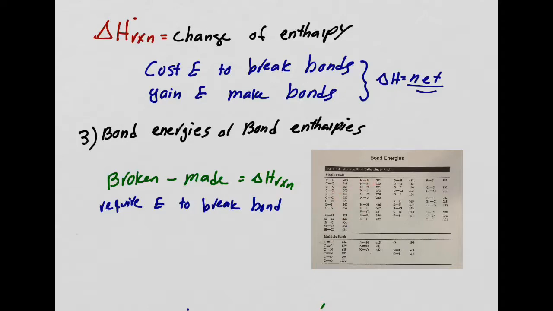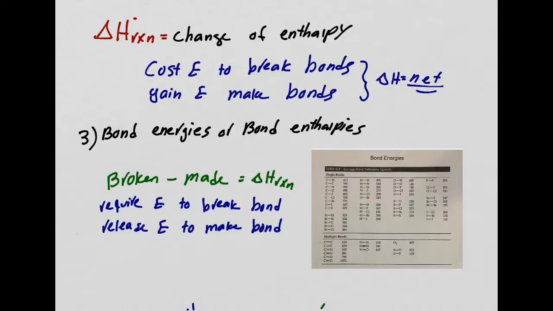So I would just take these numbers. But when I make the bond, you release energy. You release energy to make the bond. That's why it will be minus made. So broken minus made, because these numbers would have to be negative when you make it.